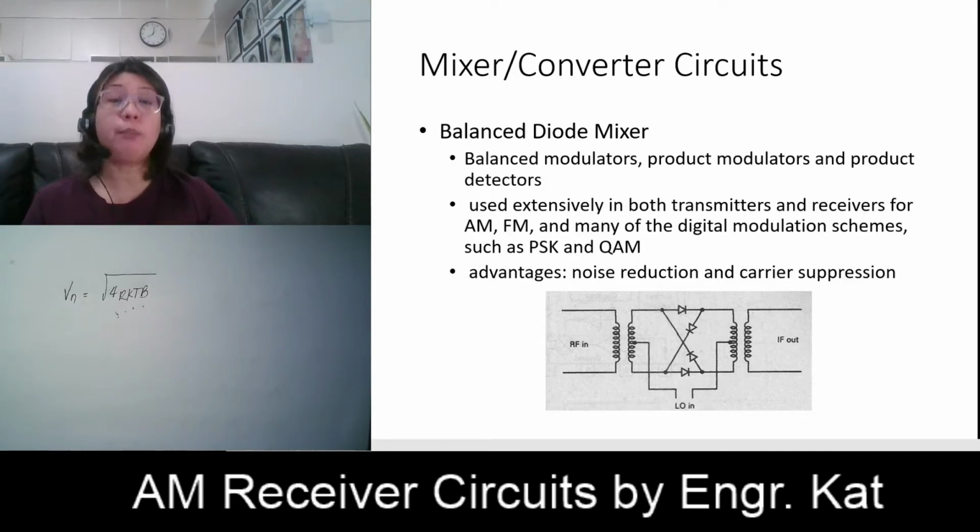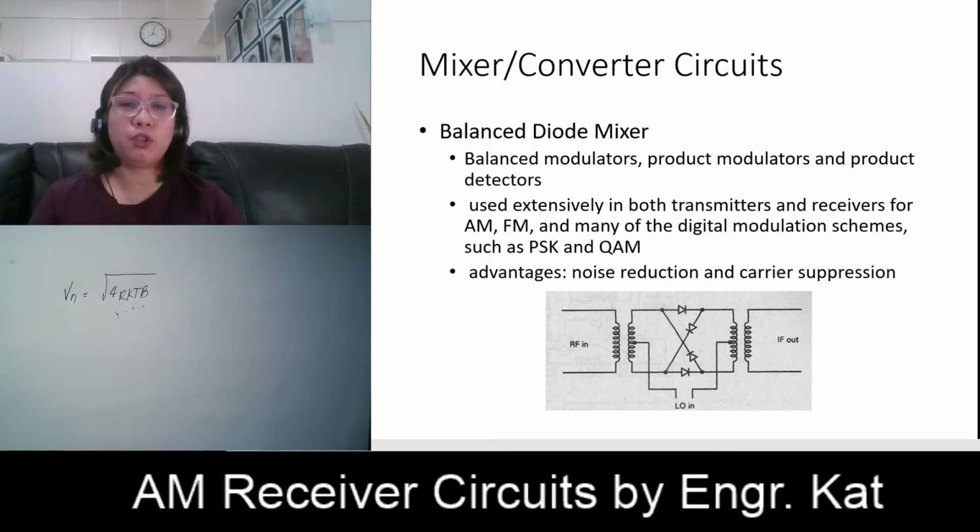So those are some of the terms that you might be encountering when you read other references. Okay, so this is used extensively in both transmitters and receivers for AM, FM, and many digital modulation schemes. Okay, such as PSK, that is phase shift keying, or QAM, quadrature amplitude modulation.